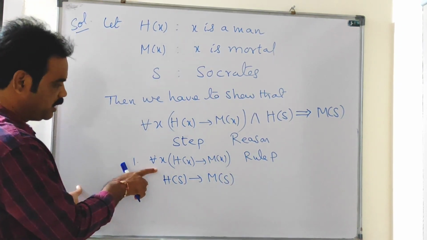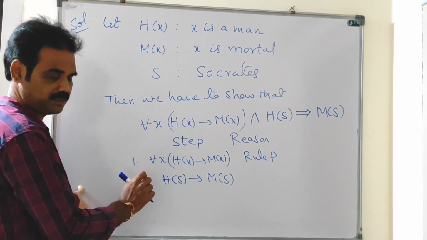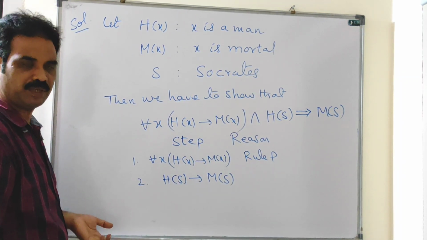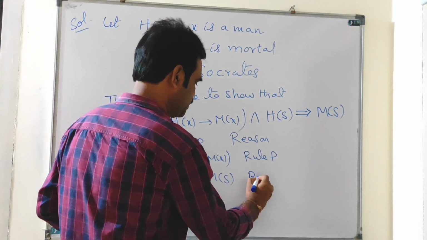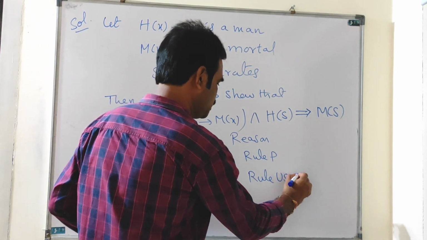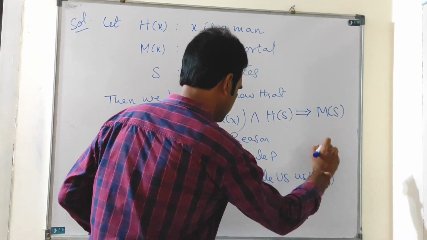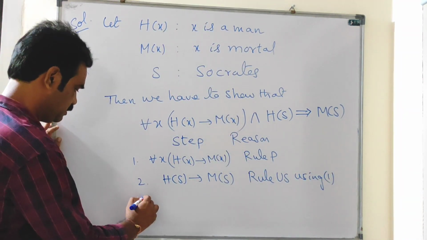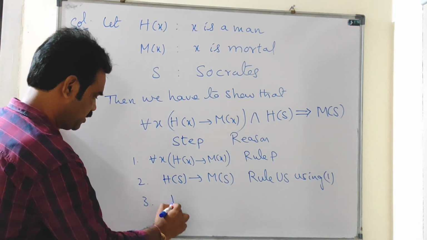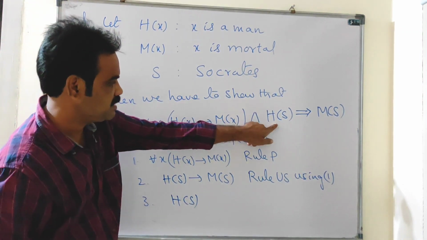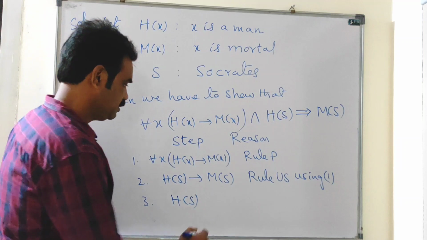Since for all x, h of x implies m of x, and hence h of s implies m of s by rule US, using 1. Next step. H of s. H of s is in the given premises. That is rule P.